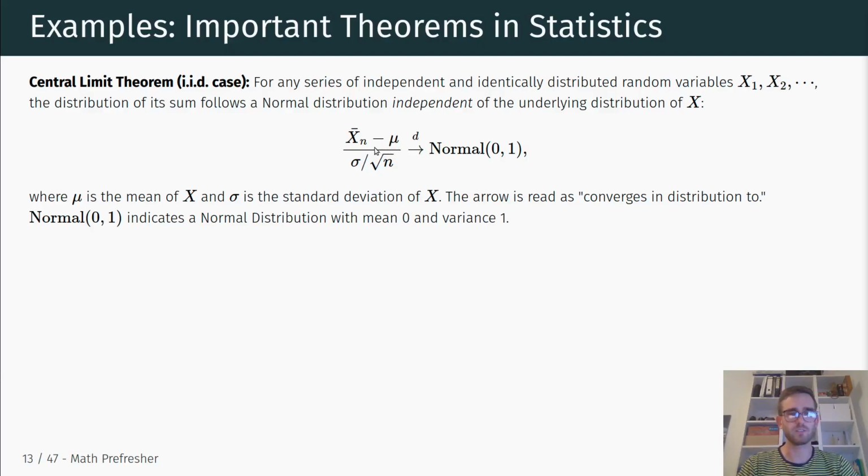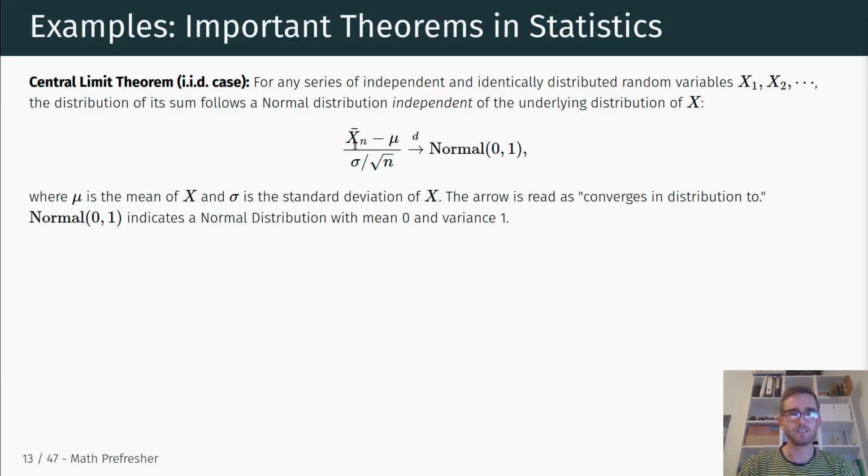And here what this specific equation tells us is that we're subtracting x bar, so the average of all the xn's, and we're subtracting the mu, which is the mean of x, and we're dividing by the standard deviation divided by the square root of n.